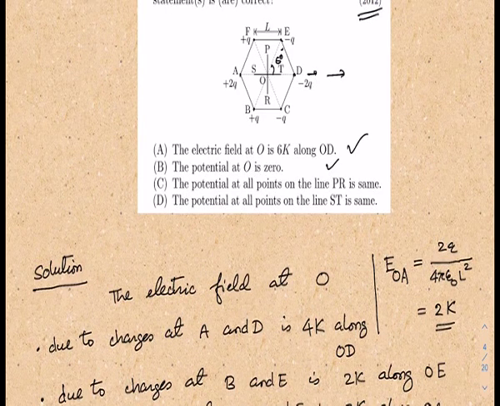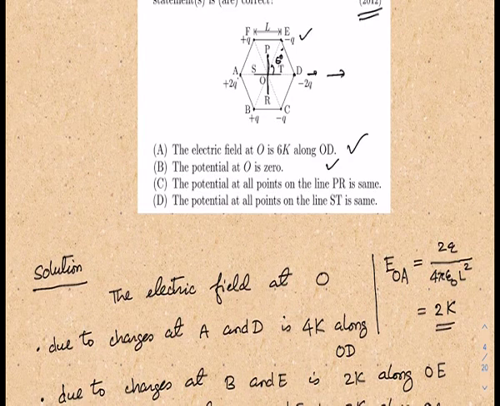the option C, the potential at all points on the line PR is same. Now if you look at this line PR, for any point on PR, we have pairs of equal and opposite charges lying on both sides. So in fact this line is acting like a perpendicular bisector of the dipoles.